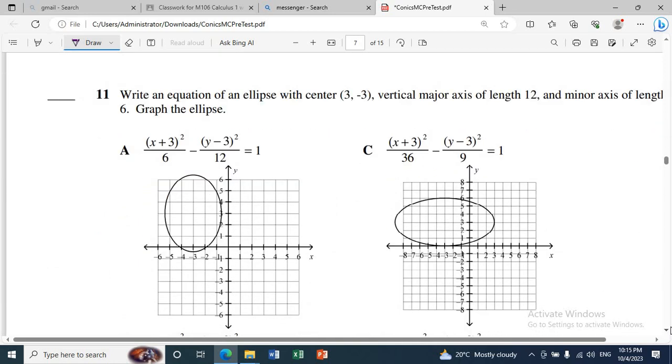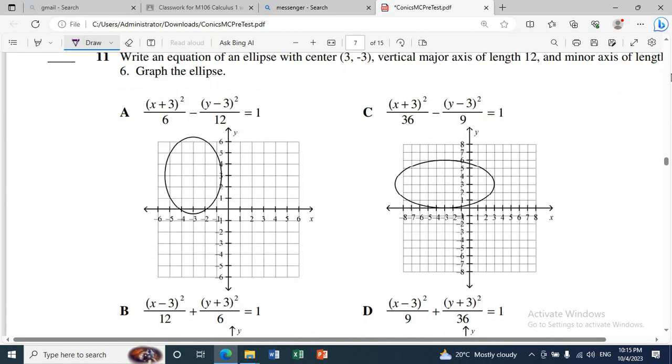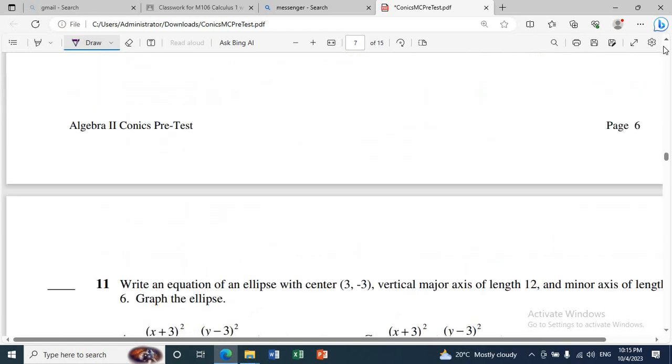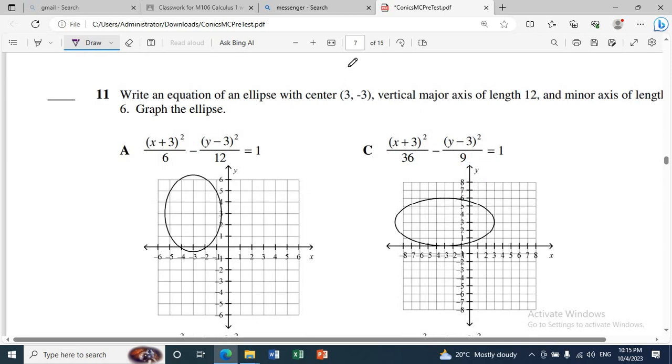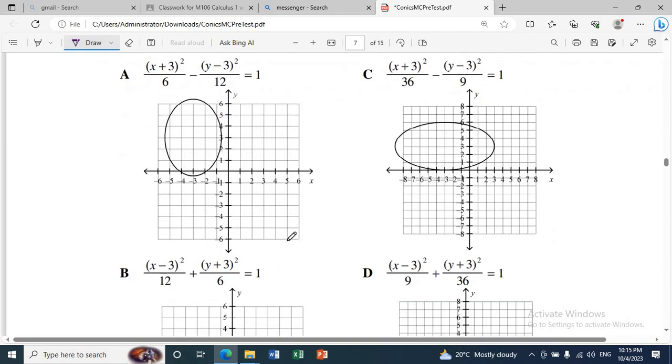Number 11, write an equation of an ellipse with center 3, negative 3. So for the ellipse, you have x minus 3 squared plus y minus negative 3, so x plus 3.